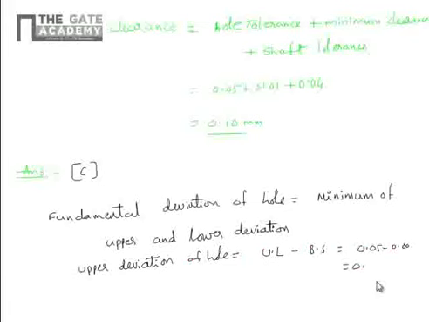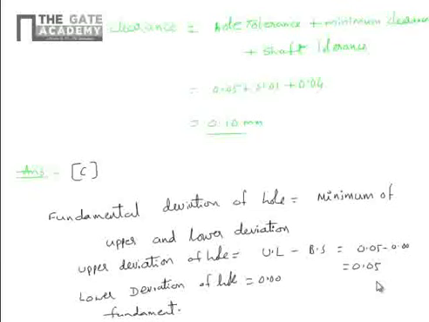It is equal to 0.05. Lower deviation is the same as basic size, so lower deviation of hole is equal to 0.00. So fundamental deviation is 0.00.